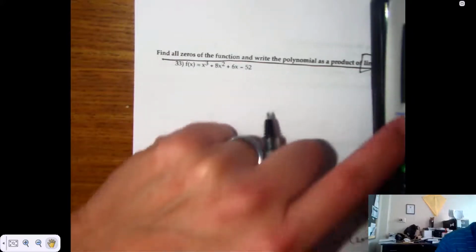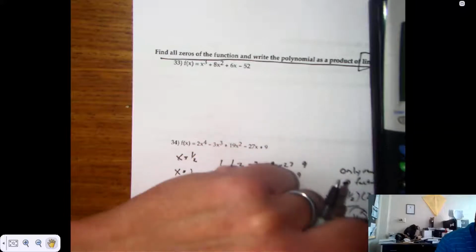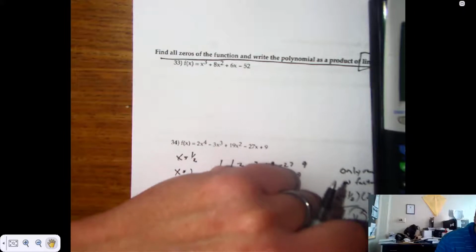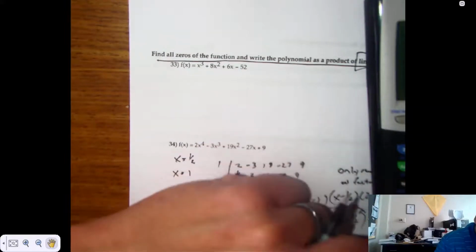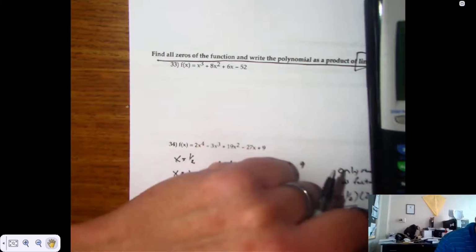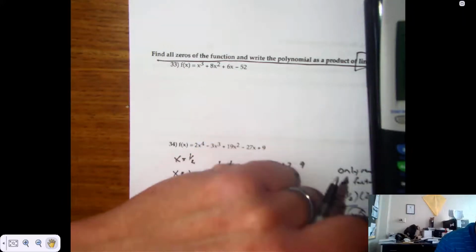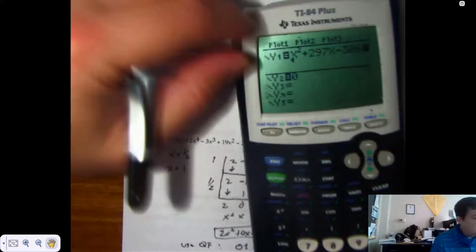Now, I'm going to take a look at the graph of this thing. So I graphed it.